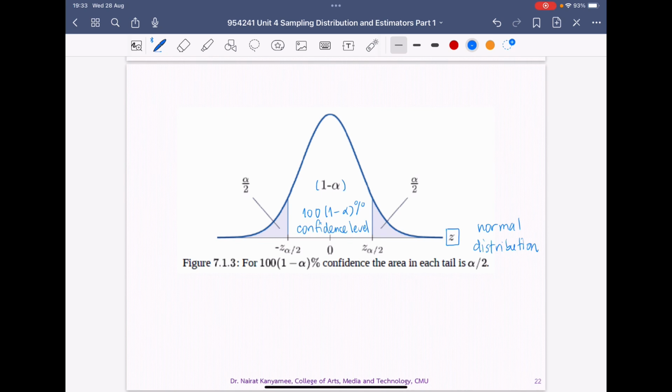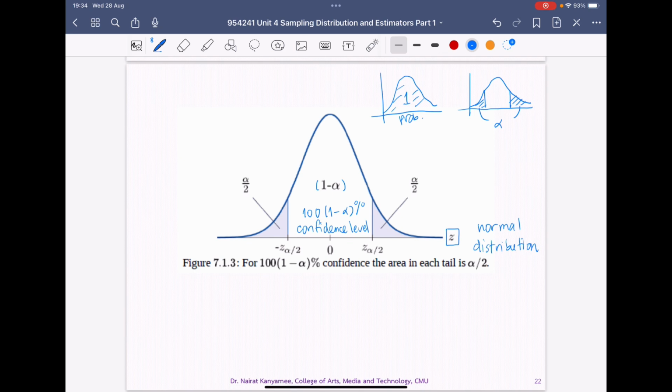For example, 0.95, 0.90, 0.80. Of course, if the middle is 1 minus alpha, the whole thing is 1, the total probability. So the two pieces at the sides combined add up to alpha.